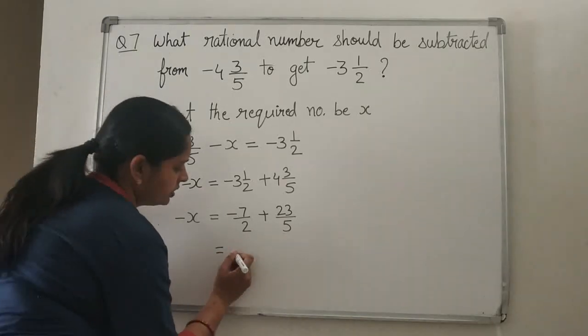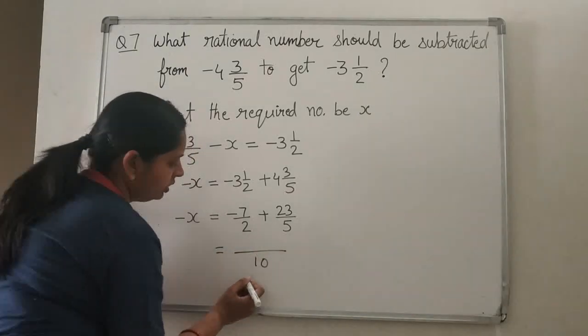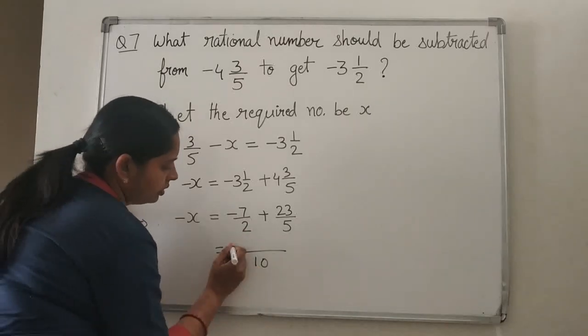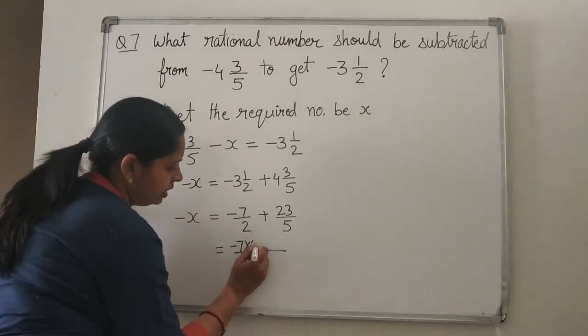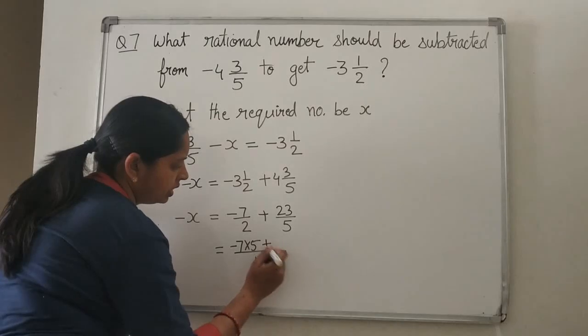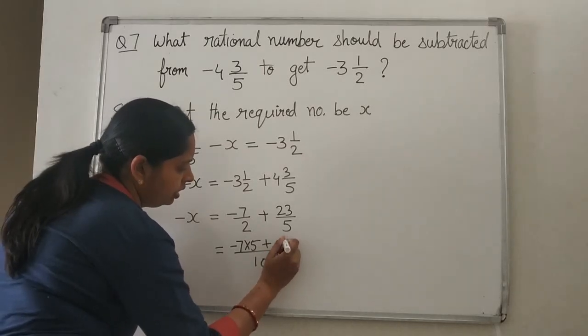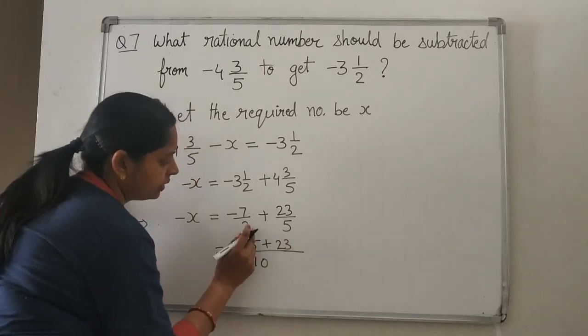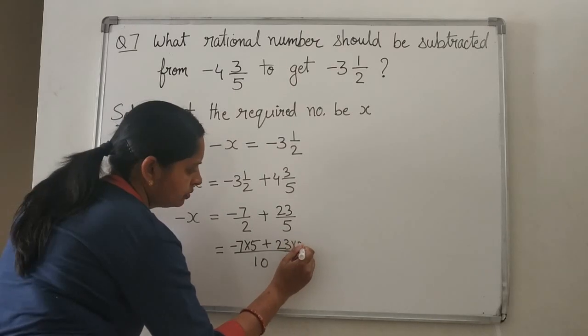So what we are getting, the LCM is 10, and minus 7 multiplied by 5 plus 23, what do we need to multiply? 2.